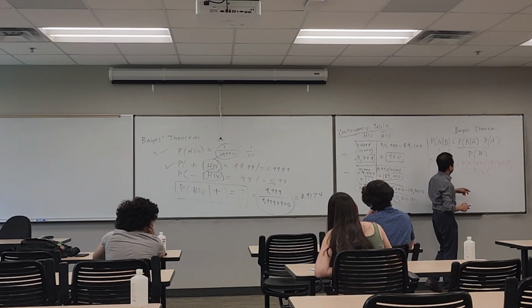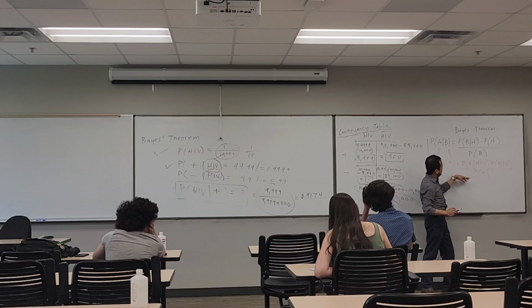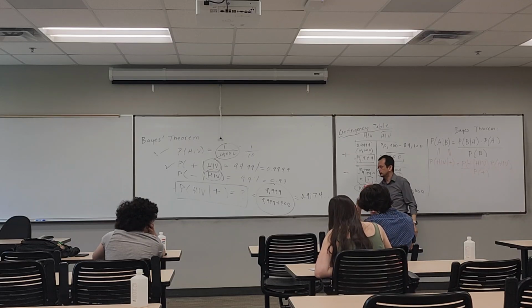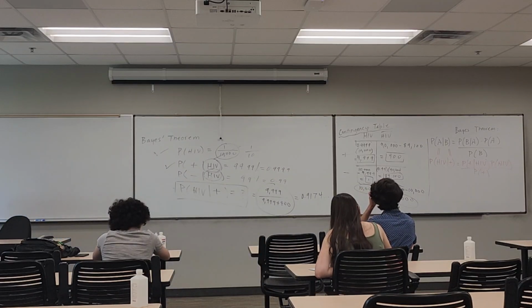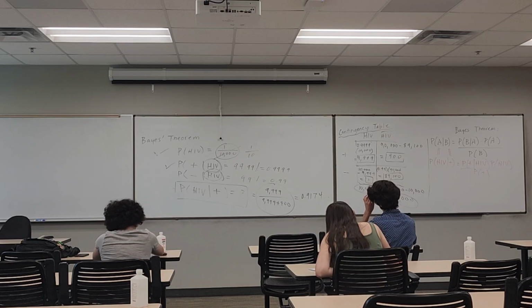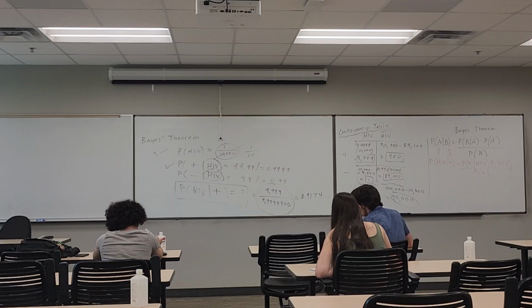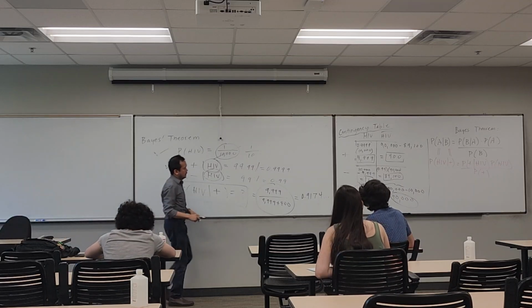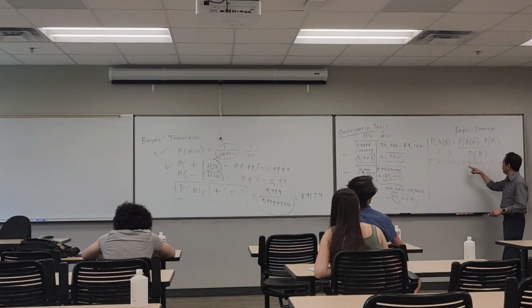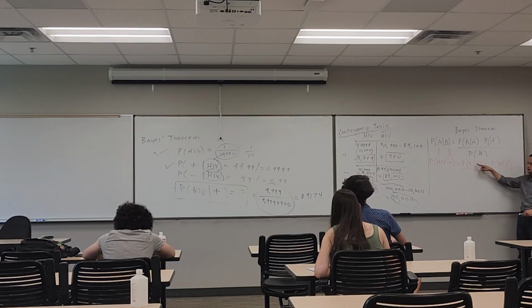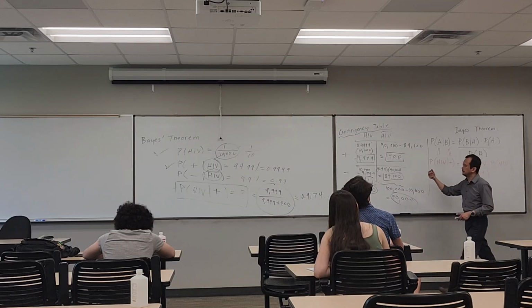So let's go ahead and substitute in the numbers for these probabilities. This first probability, the probability of testing positive given that we have HIV, what number would go there?